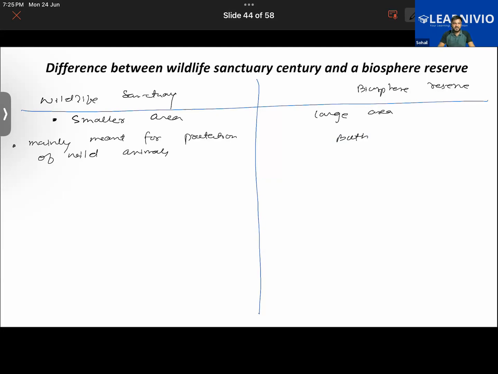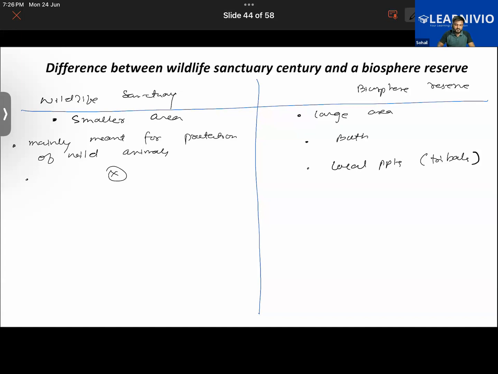In the case of a biosphere reserve, the local peoples, basically the tribal peoples, are an integral part of the biosphere reserve. Integral means an inseparable or important part. But there is no such thing seen in the case of wildlife sanctuaries. Local peoples do not form an integral part of a wildlife sanctuary.